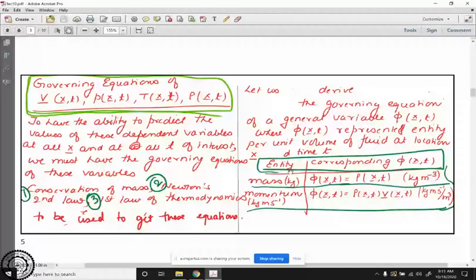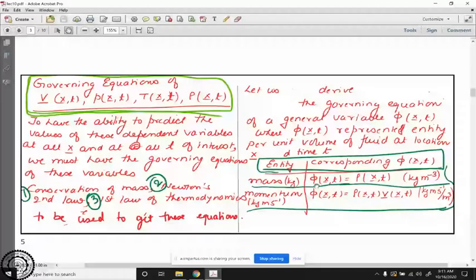So what do I mean by entity and by the corresponding phi? If you are dealing with the entity being mass, then the corresponding phi will be what? Mass per unit volume, and that will be density. So phi is like a placeholder or a representative which can assume different meanings depending on the context.